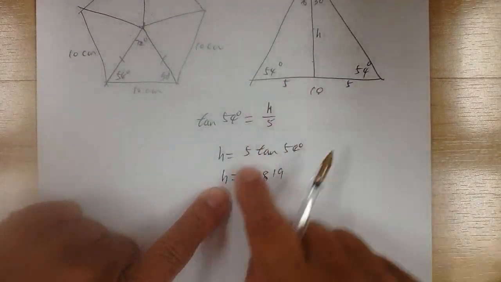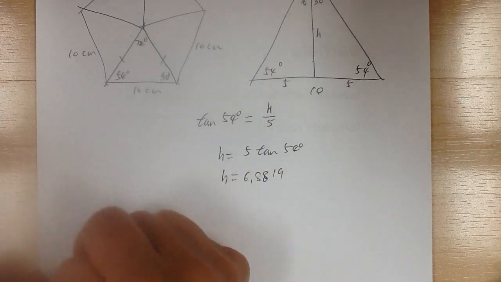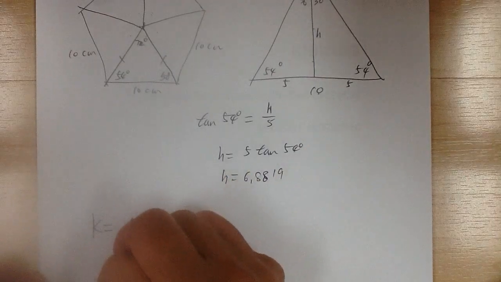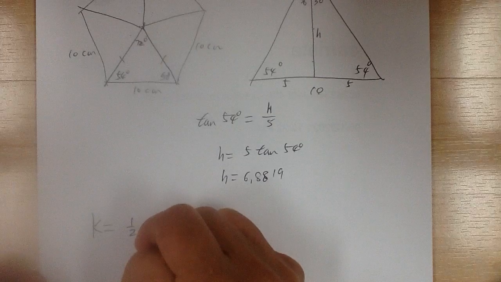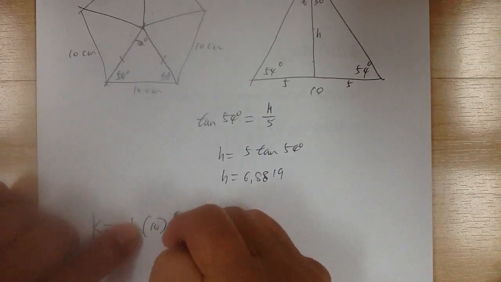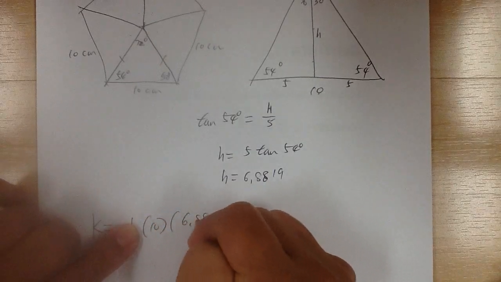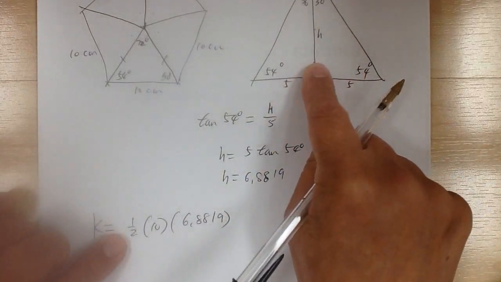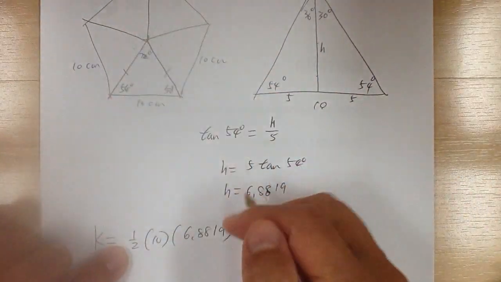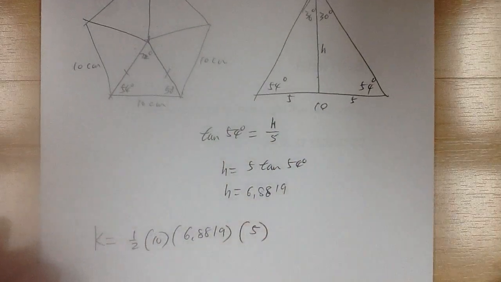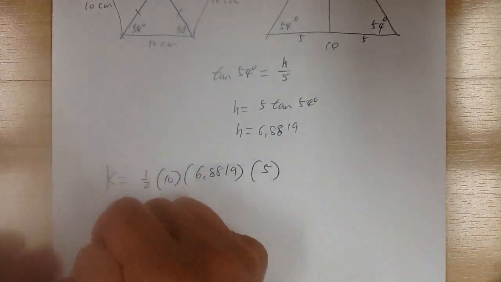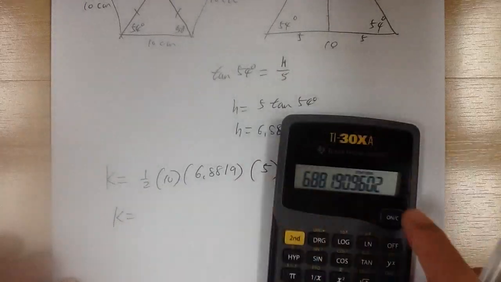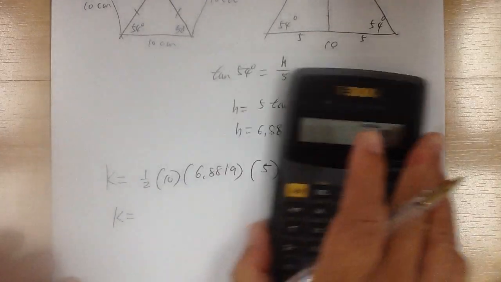Okay, so once I know the h, now I can figure out the area. So area equal to 1/2 the base times the height. So that's one triangle. Okay, and there are 5 of them, so I need to times it by 5. Okay, and so k equal to, so get calculator.